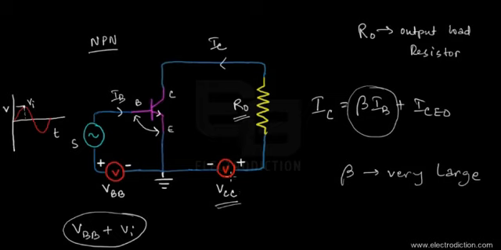Now this particular voltage source, that's VCC, is going to supply a current that's going to flow in somewhat this particular direction, and that would cause a voltage drop of this type of polarity as I've just mentioned over here.